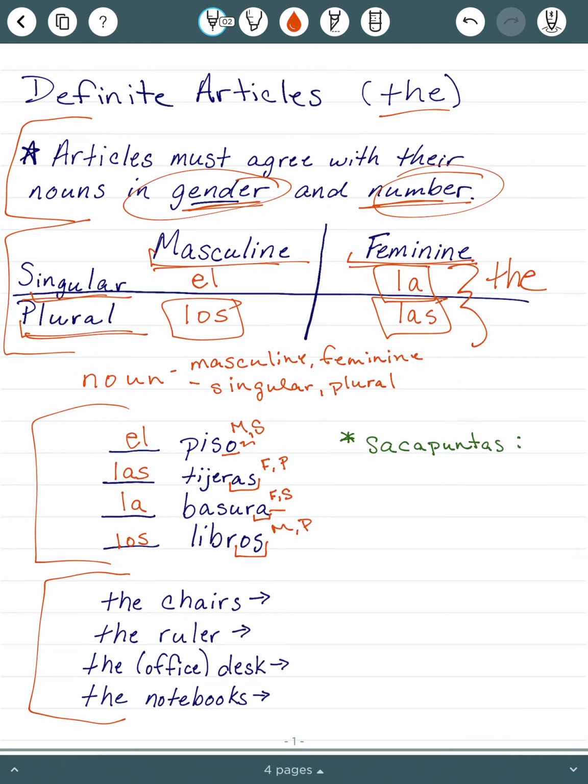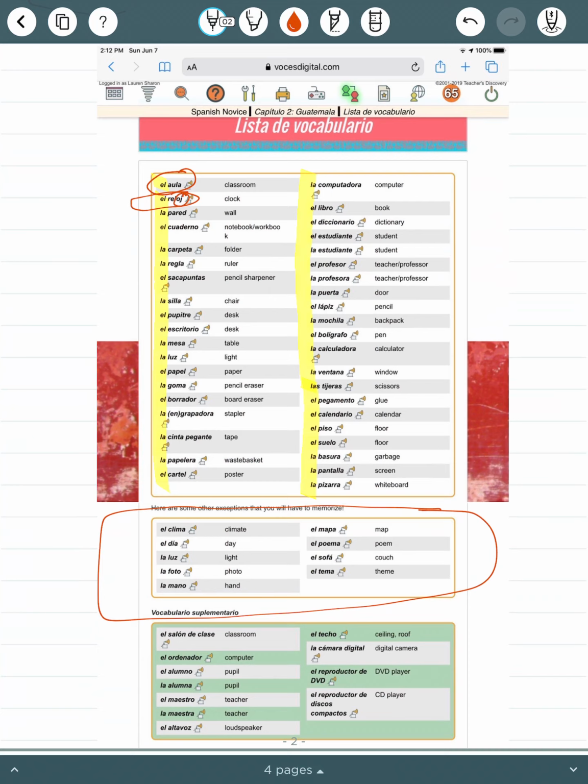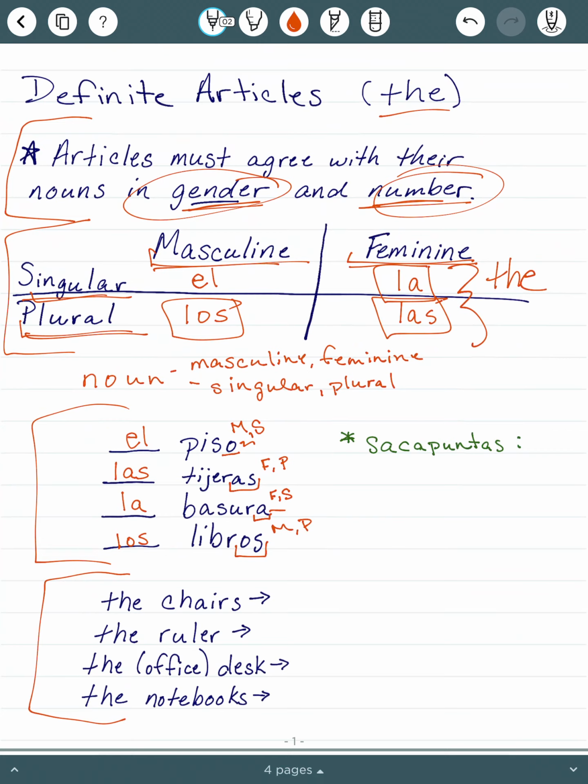So let's look at these. The chairs. So if you look at your vocabulary list and you find the chair, where it just says chair here, silla, and now we know that that actually means the chair, then we know la silla would be the chair. But we're trying to say the chairs.